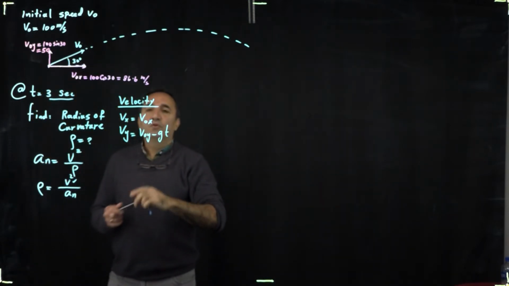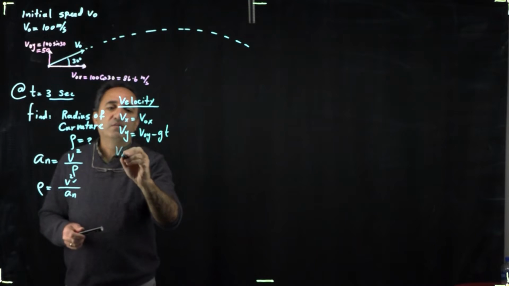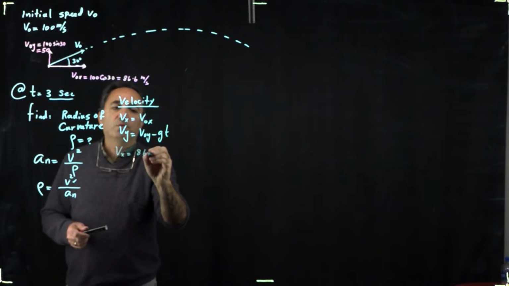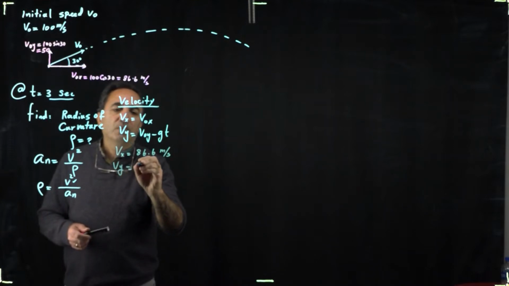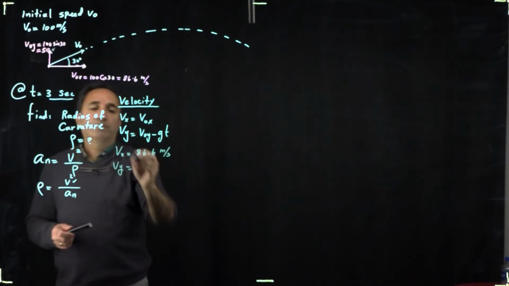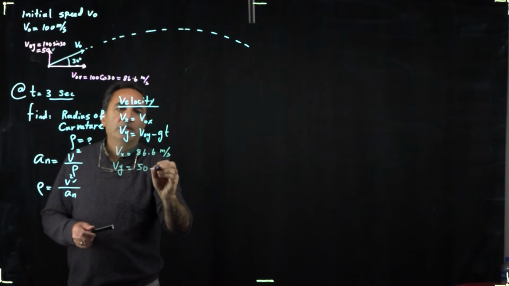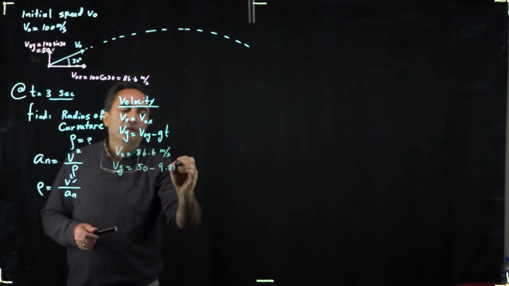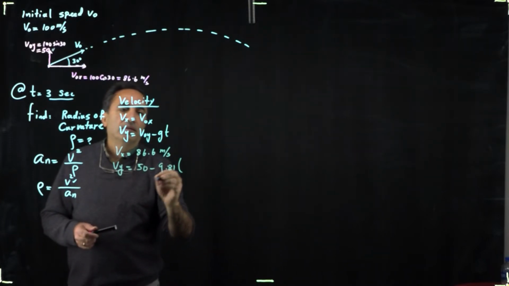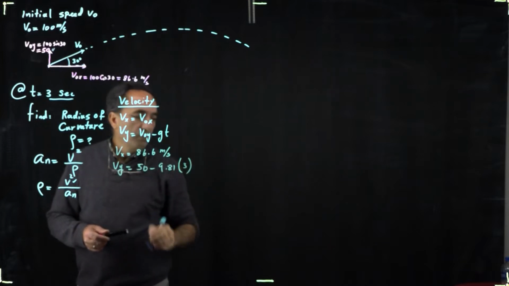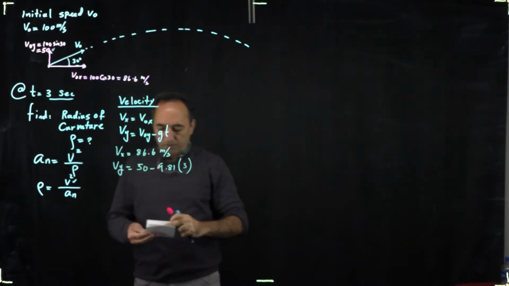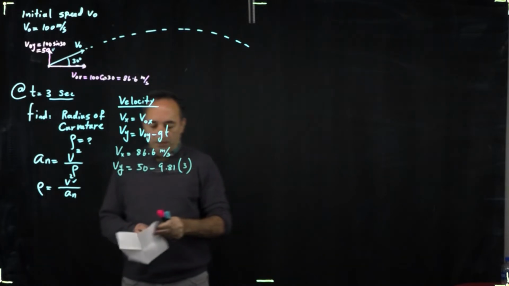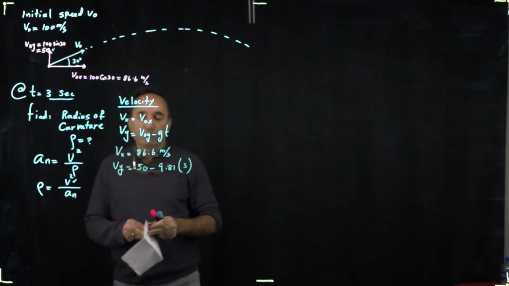Okay, so now let's go ahead and find this. So Vx is V0x, so that's 86.6 meters per second. Vy would be then V0y, which is 50, minus 9.81 times 3. So if you do the calculation here, I have a piece of paper with me, so I don't have to waste your time using my calculator.